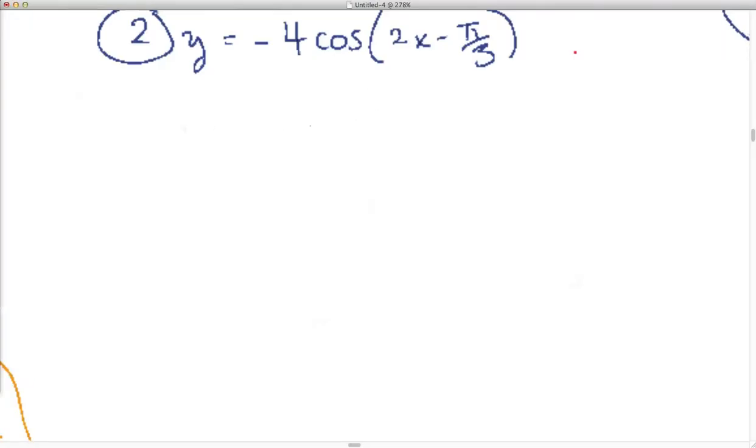Today we're going to be looking at an example of a cosine graph, and you should start out with just taking care of the semantics. Get the amplitude out of the way: the absolute value of the coefficient.